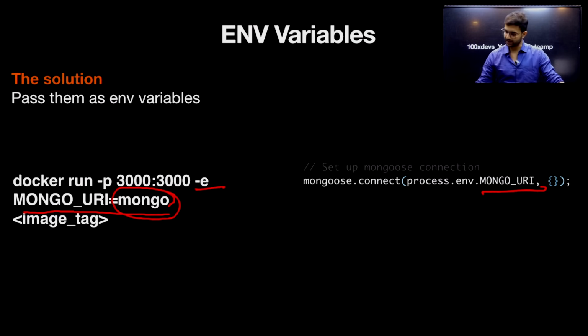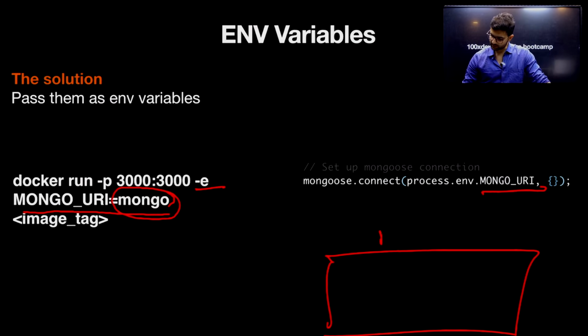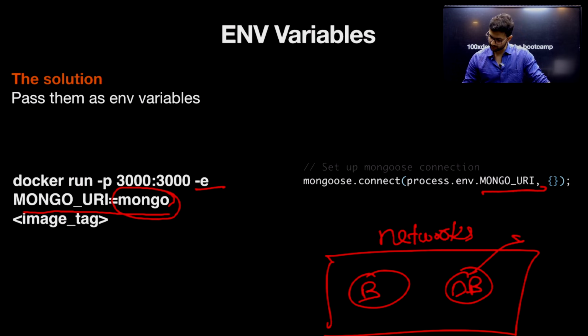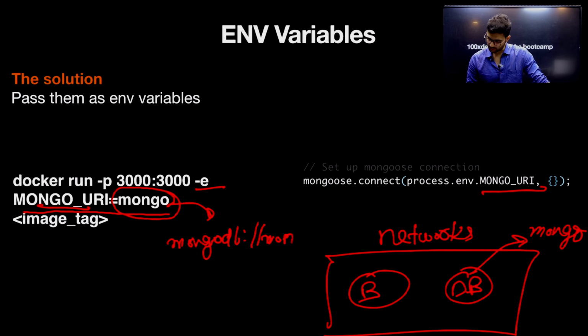So if you are using networks, and you have your backend container and your database, and the name of your database, let's say, is mongo, then you can simply pass in MONGO_URI equal to, not exactly this, something like mongodb://mongo:27017.